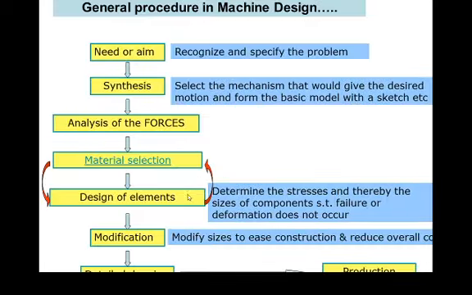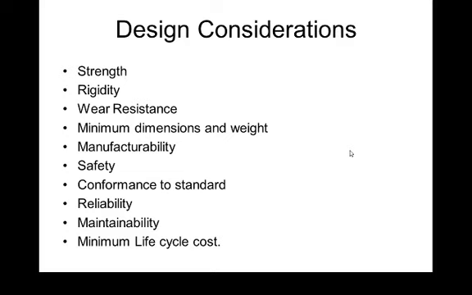Once the design of elements is done, we do the calculation. If it is not satisfied, then again change the material or change the factor of safety and do the calculation again. This is the closed loop cycle. Once it is satisfied, then go for modification in design and optimization. Once it is optimized, then go for a detailed drawing, and the last one is production.